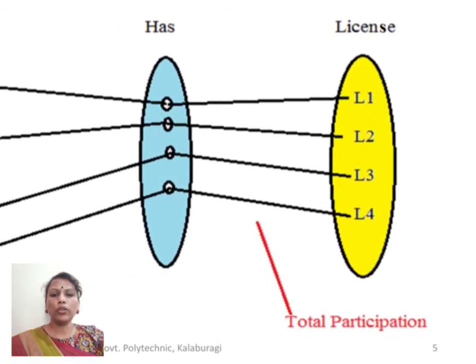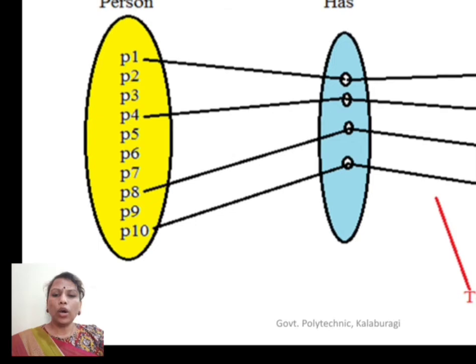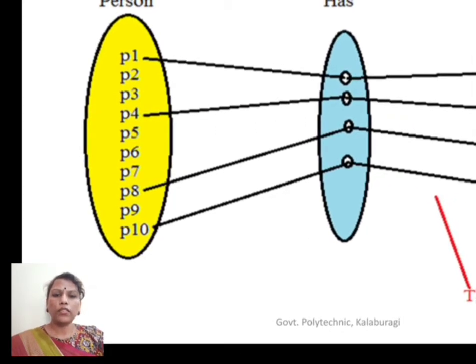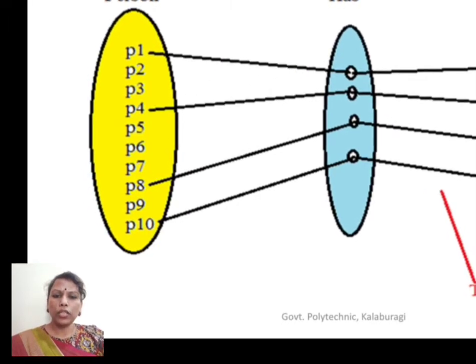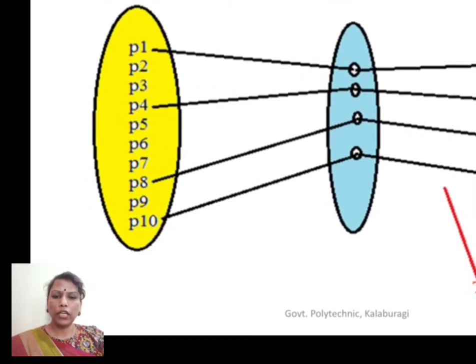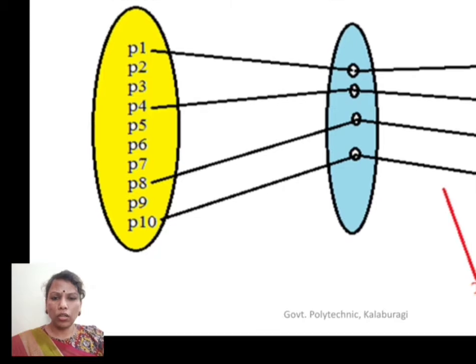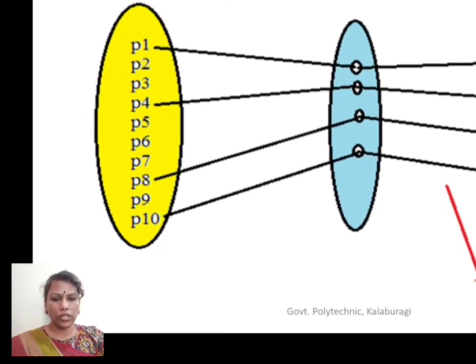In that we have only 4 entities of license entity type. So here, out of 10 persons, only 4 persons have a license. The remaining P2, P3, P5, P6, P7, P9, these people do not have a license. That means not all the entities are participating in the has relationship.